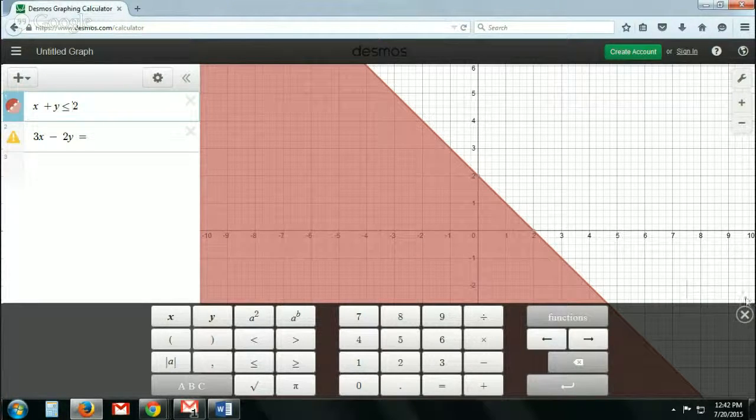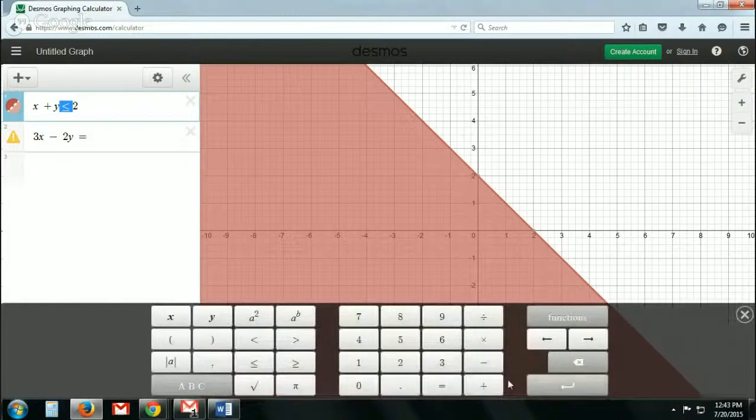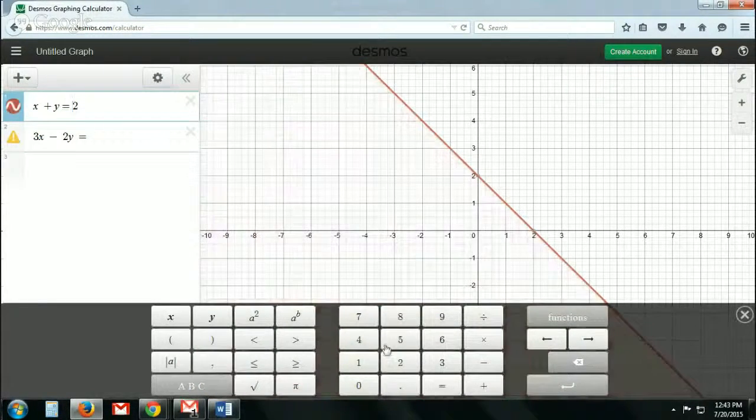And you can see that we have shaded the side of the line where 0, 0 was, since it was true. Now, I'm going to take that away. Let's remember that it's below the line that we have shaded. You may want to draw little arrows pointing at the area that you've shaded. But I'm going to take that away and change it for now back to being just an equals.